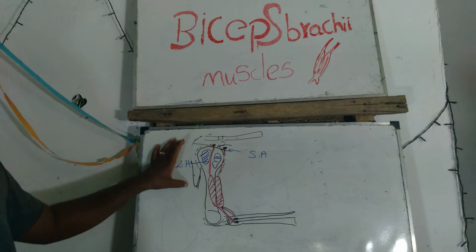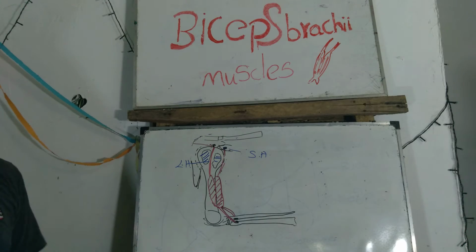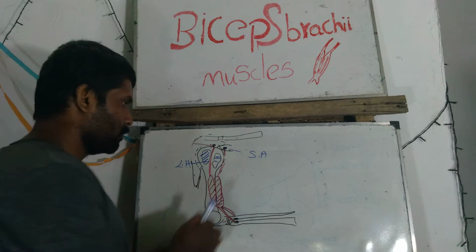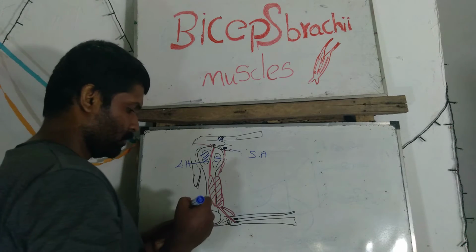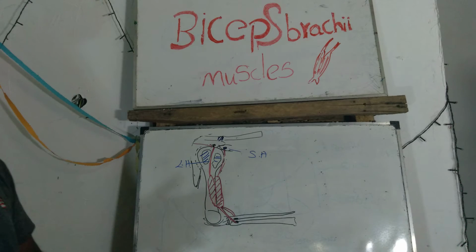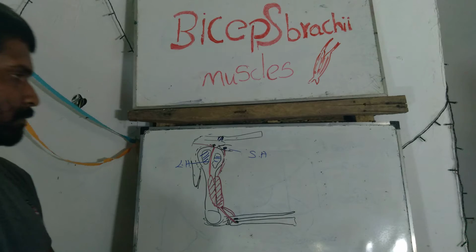Behind the scapula, the upper process is the acromion process. It connects to the clavicle bone. It is a plane joint.